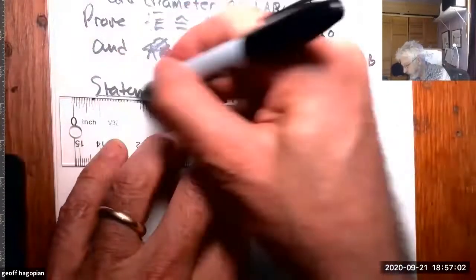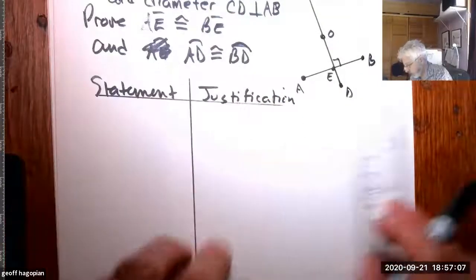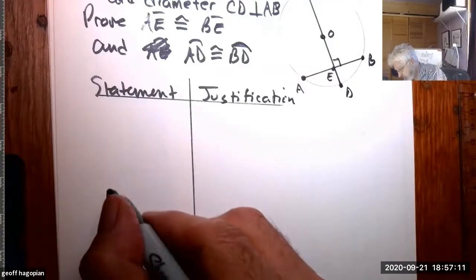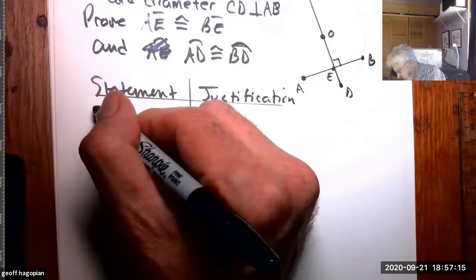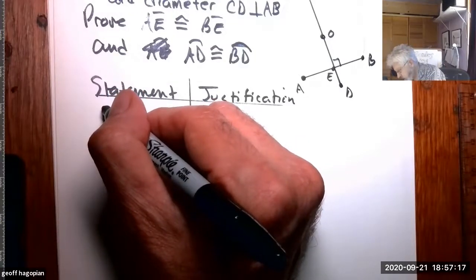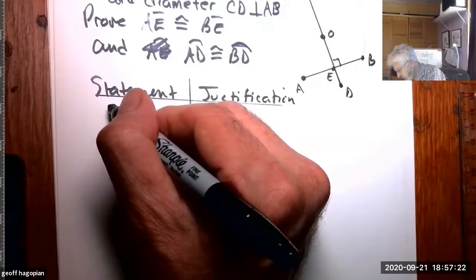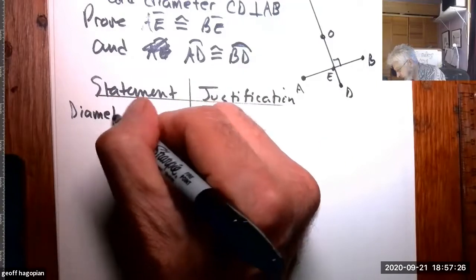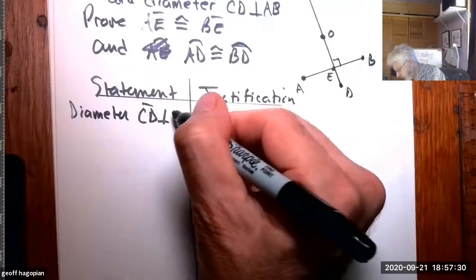And so we're given diameter CD perpendicular to AB.